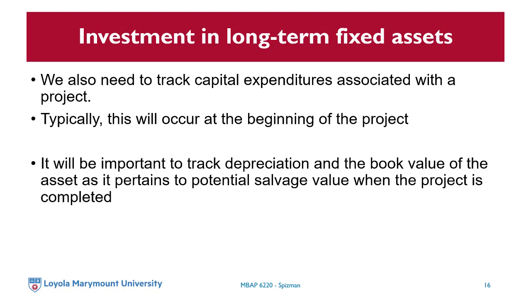So Disney might build a new theme park that's only going to last for 10 years. At the end of year 10, it can sell off some of those assets, and we need to know what the book value is so we can compute what we call an after-tax salvage value. So we take taxes into account when the project is completed.